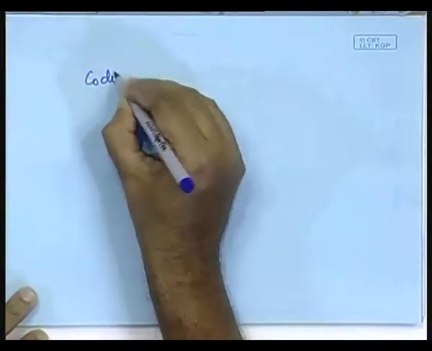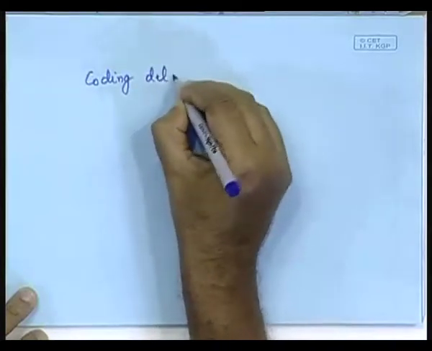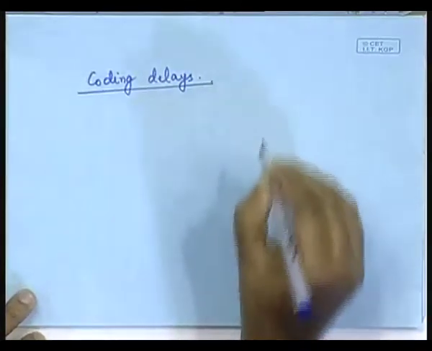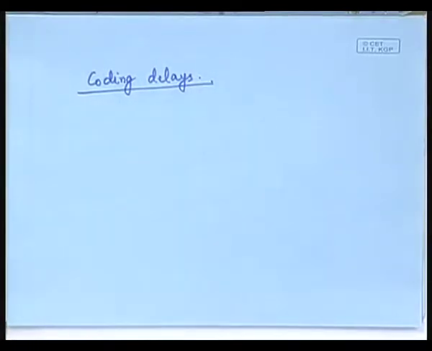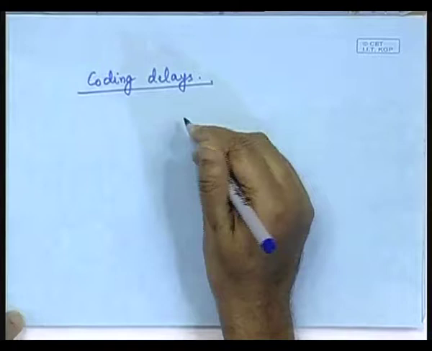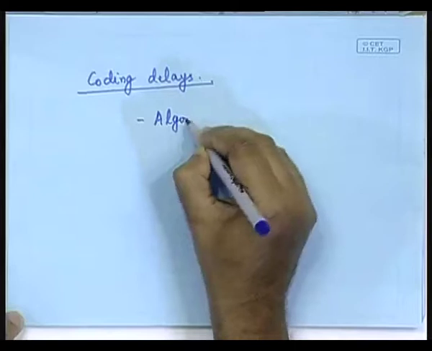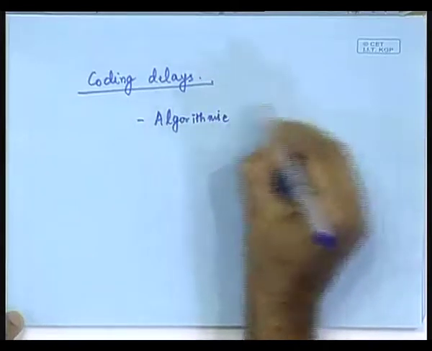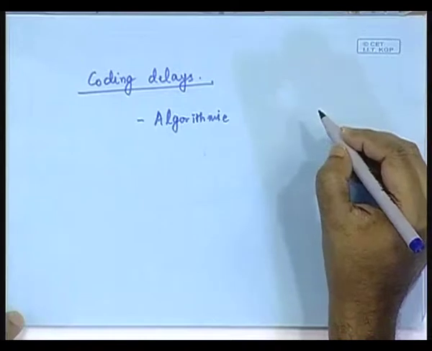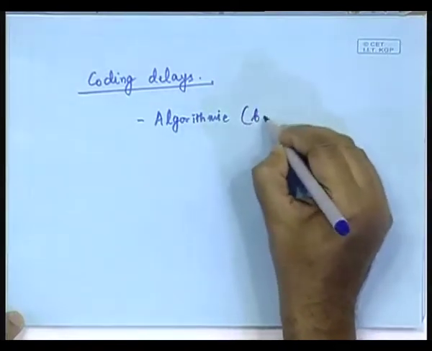Another requirement for the specification of speech coding is the amount of coding delay. Now, coding delay essentially has three components. The coding delays may be algorithmic. Essentially, the algorithmic coding delays arise out of buffering of the signal.